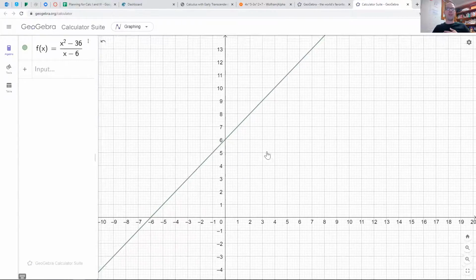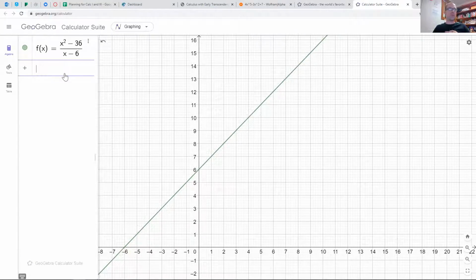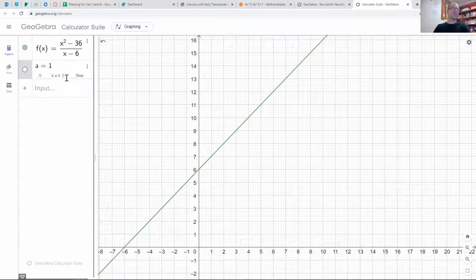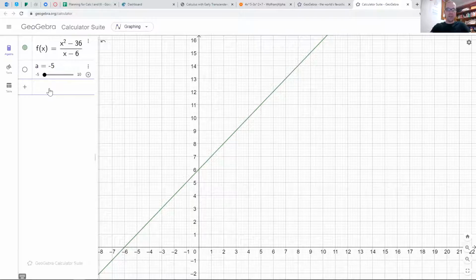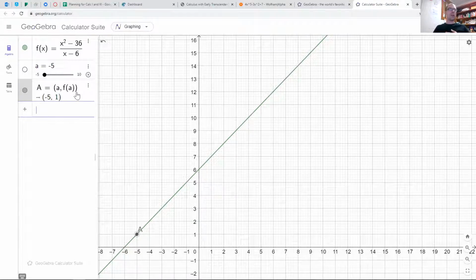And let's go ahead and put a point on this line, and we'll make it be able to go up to 10. Let's just move up by 1, so we can go from -5 to 10. And I'm going to make the point A, f of A, so that we just get a nice point on that line.